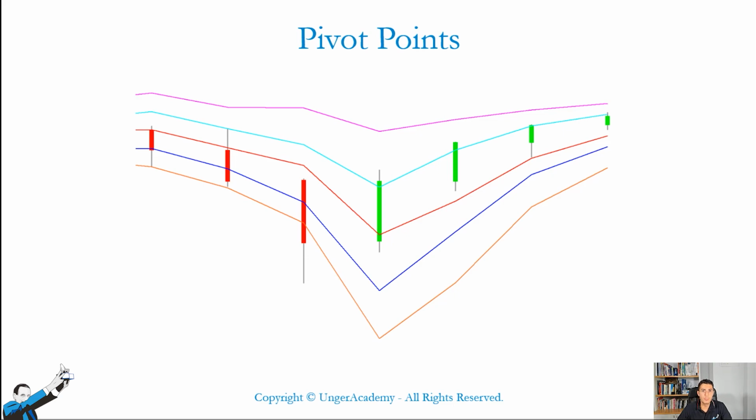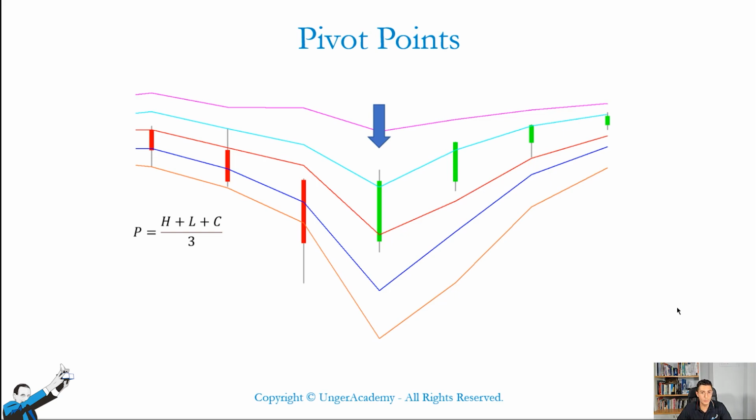Let's try to simplify this concept by doing an example. On this bar, we want to calculate the pivot points of this bar signed with the blue arrow. The pivot point is calculated as the arithmetic mean of three values, all three referred to the session that has already ended.